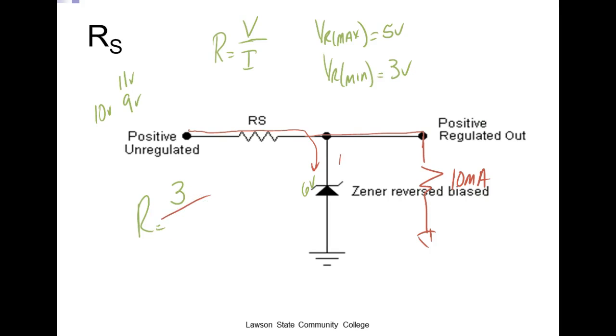So what we're going to do is use the minimum voltage and the maximum current. What's the maximum current the load's going to have to support? And then we're going to add IZK to it. What's IZK?